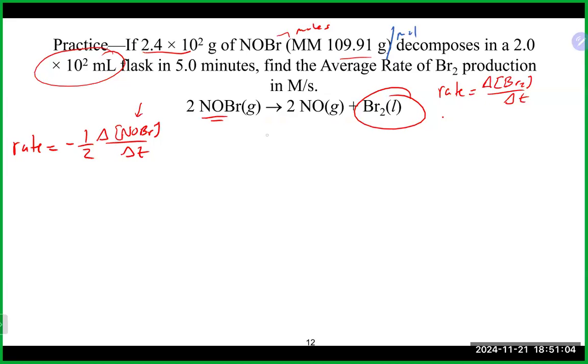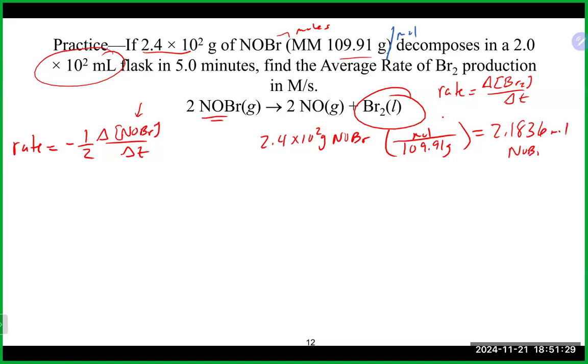I'm going to take the 2.4 times 10 to the 2 grams of NOBR. I'm going to use the molar mass from the periodic table that was given to us of 109.91 grams per mole. And that will get me 2.4 times 10 to the 2 divided by 109.91, which is 2.1836 moles of NOBR.